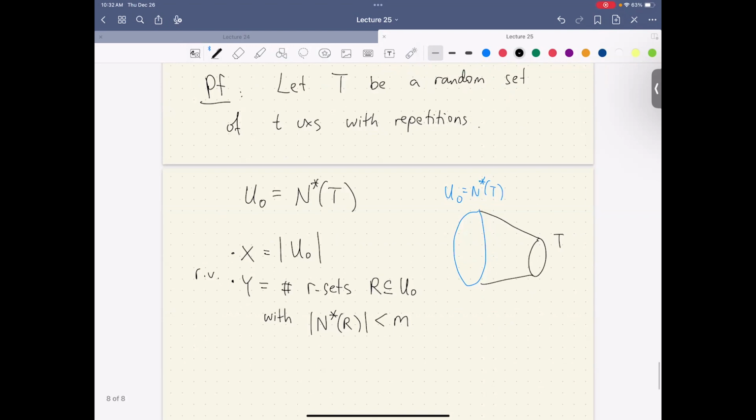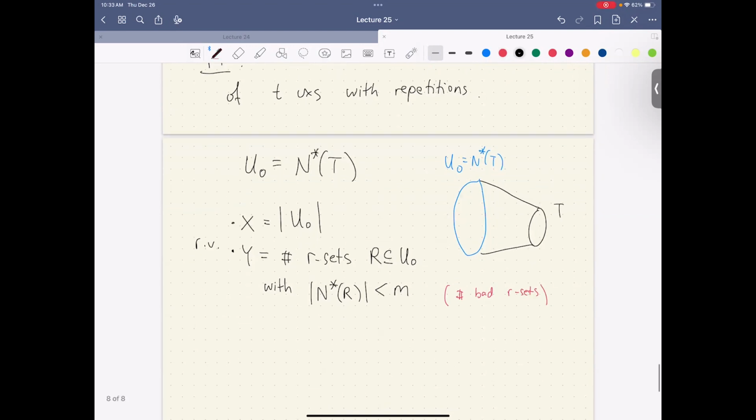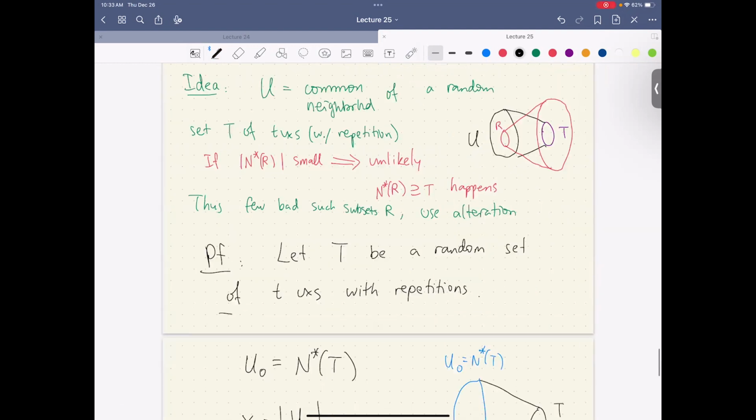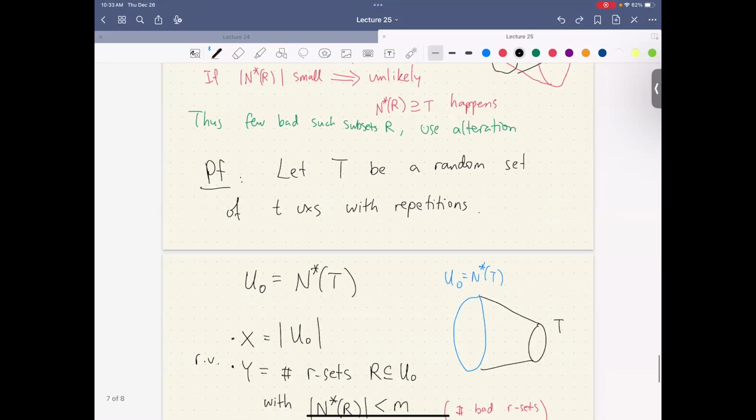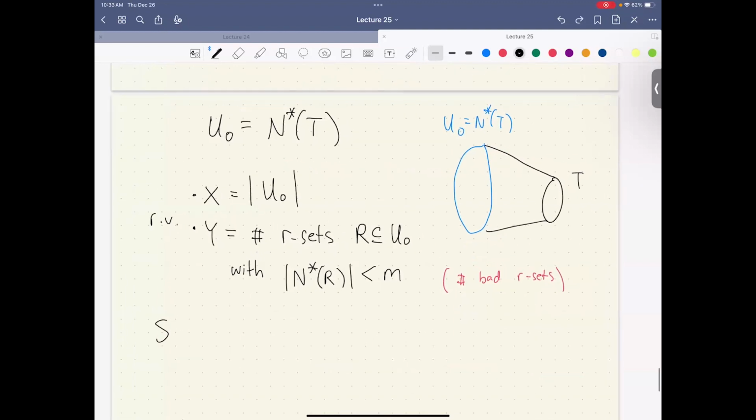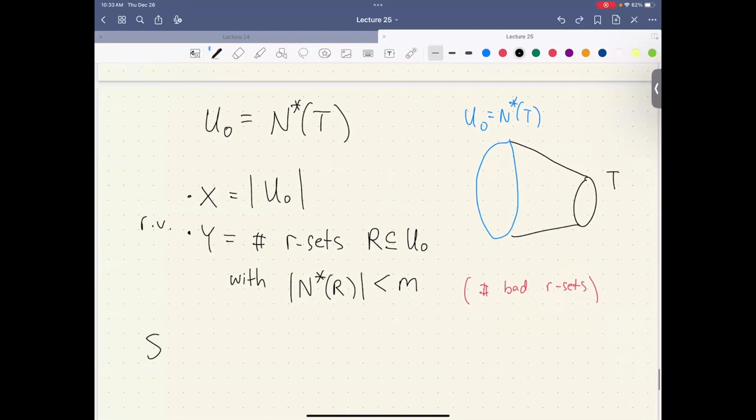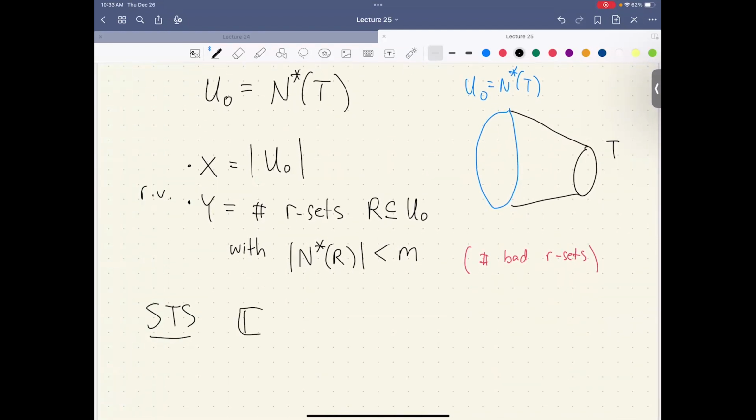These are the bad R sets, right? It suffices to show the expectation of X minus Y is at least A.